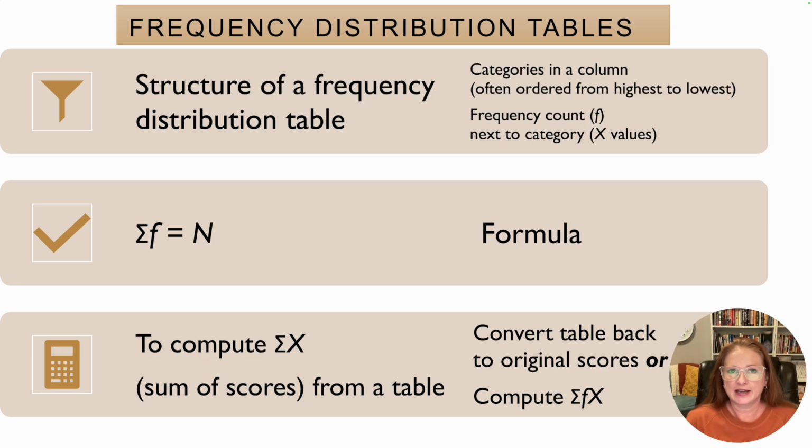You're always going to be able to find out the frequency count, and it's going to have that beautiful kind of slanty f next to a category, and that's designated or notated by an X. This is our first formula that we're introducing in this series of videos, and it's sum of f equals N, capital N. And to compute sum of X, or the sum of scores, we're going to use this table, right? So what we do is we convert the table back to the original scores to help us compute that sum of X, or the sum of fX.